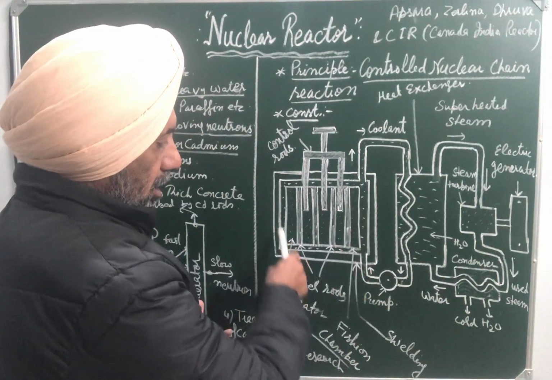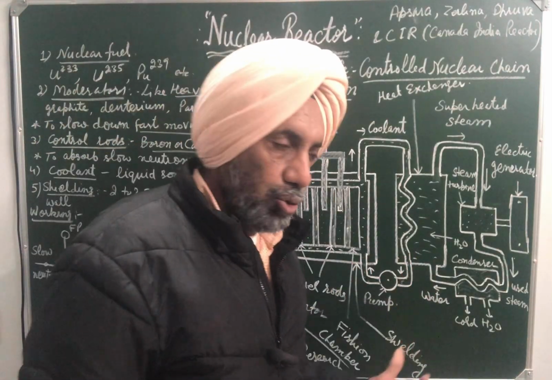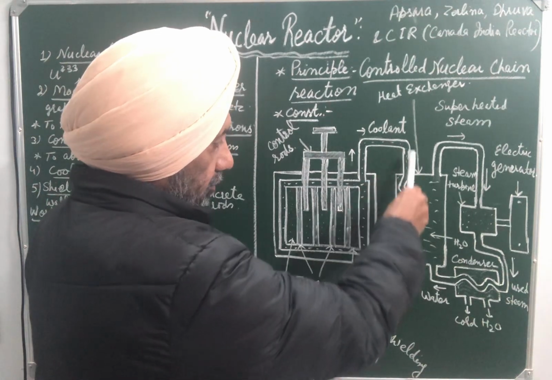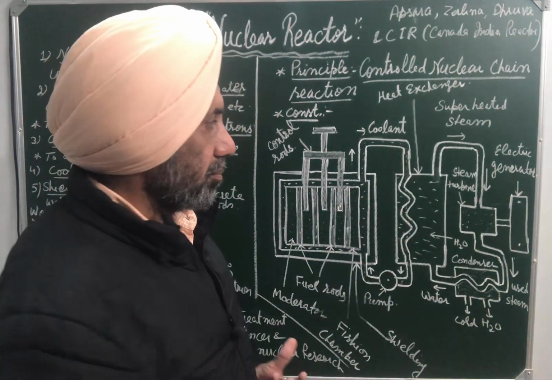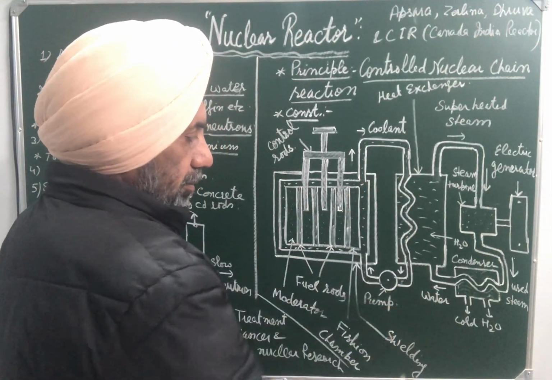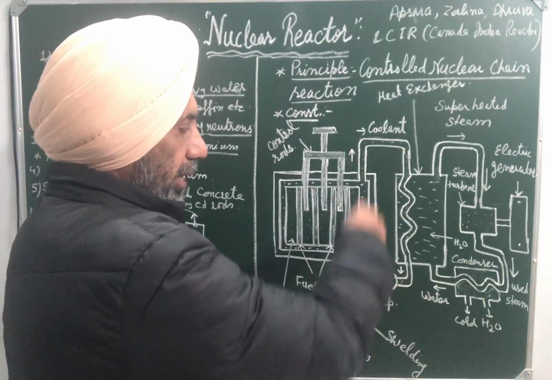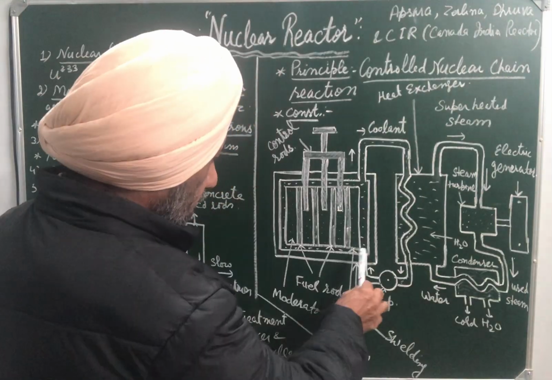This huge amount of energy produced is transferred to the water chamber like this, and here is a pump to pump the coolant back to the fission chamber. This is known as the fission chamber.